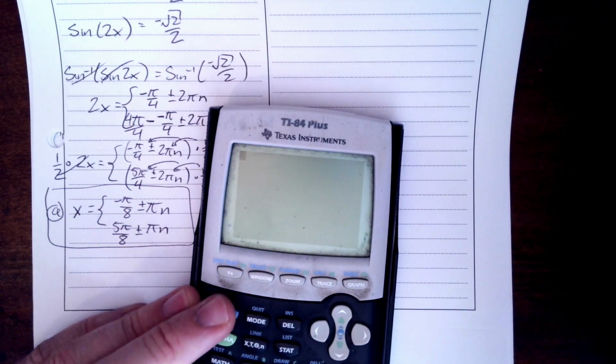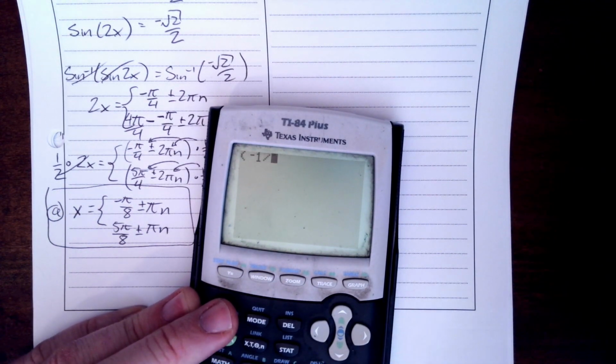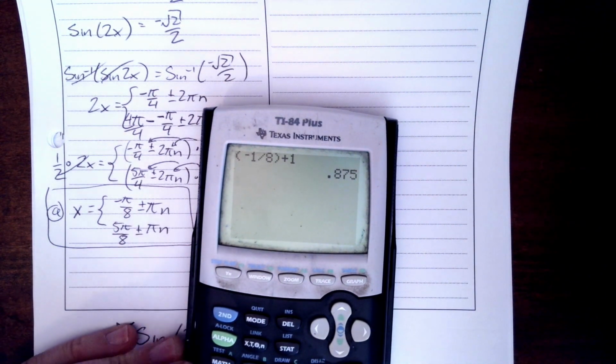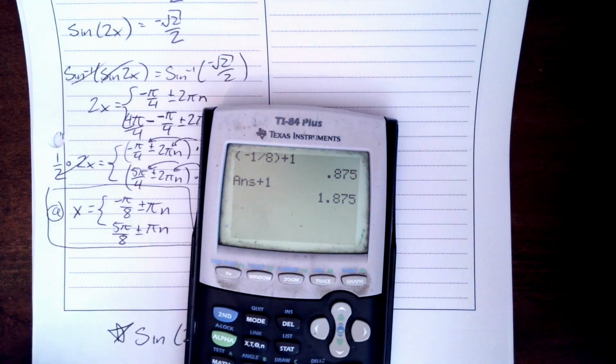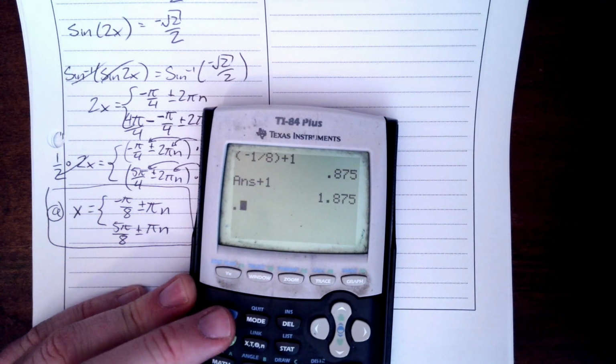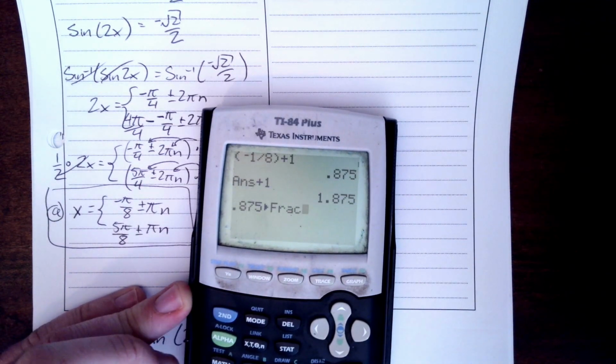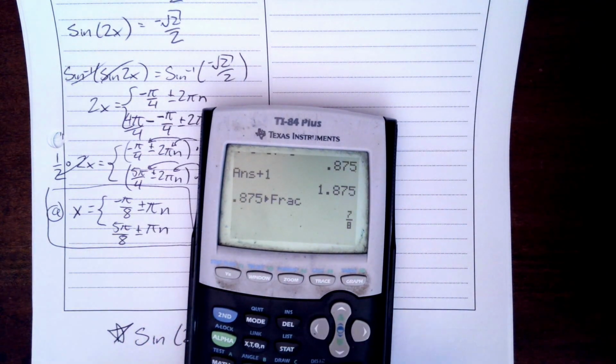Let's make that negative 1/8 plus 1, so we get 0.875, which is not 2, plus another 1 would be 1.875. Okay, so what is 0.875 as a fraction? That would be 7/8.